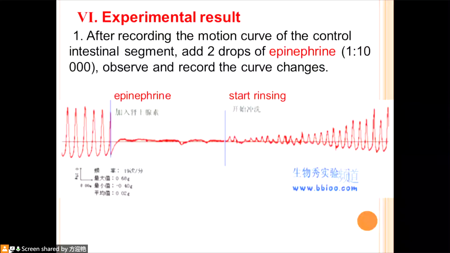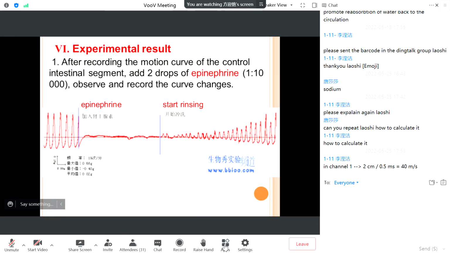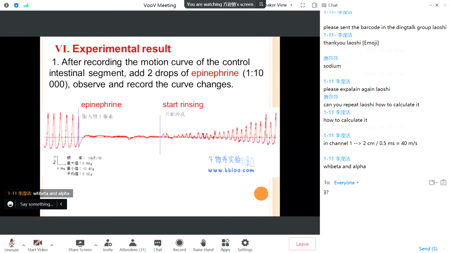Who knows that? How many types of the epinephrine receptor? A very good answer. Yeah, alpha and beta. The epinephrine receptor includes the alpha and beta.